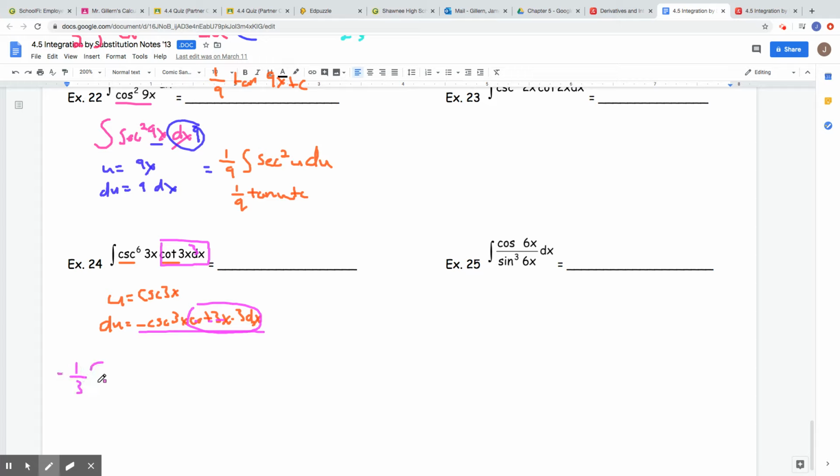I need a cosecant 3x. There's 6 of them, so I'm going to take one of them. Now there's only going to be 5 of them. So one of these, along with this, is my du. And I'm left with cosecant 3x, which is my u. But instead of being 6 of them, now there's 5 of them.